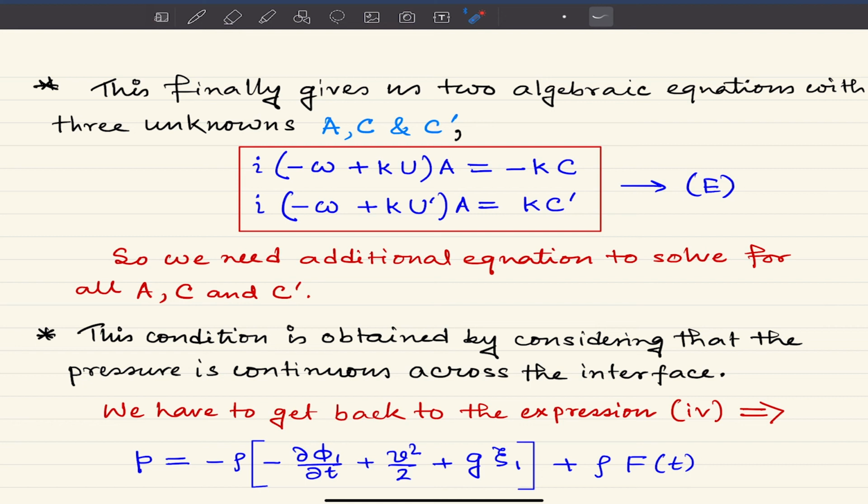That means we cannot solve this to get a relation between omega, k and all the quantities of the problem, which is known as the dispersion relation. So for obtaining the dispersion relation, we need another supplementary equation or relation, and that will be discussed in the next discussion. Okay, thank you.